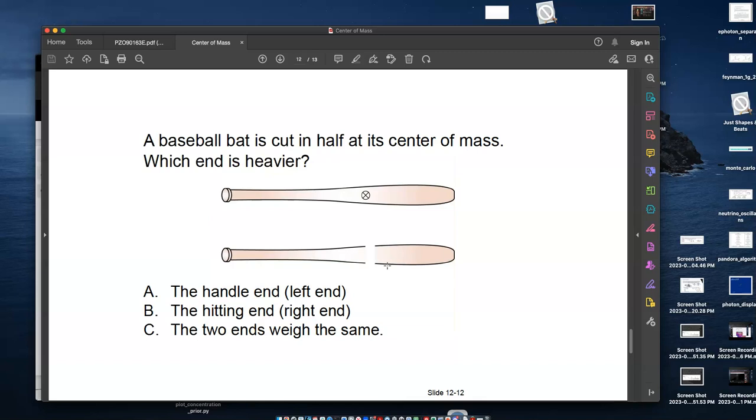Here's something that caught me off guard when I was going through the slides, so it's worth explaining. We cut it in half at the center of mass, and we're asked which is heavier. Intuitively you might think the center of mass must cut the mass in half, but remember that's not the definition.